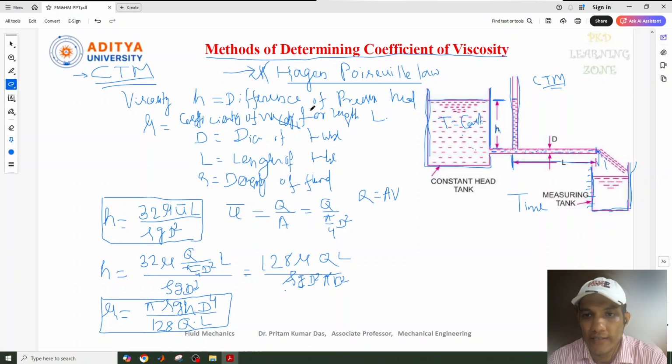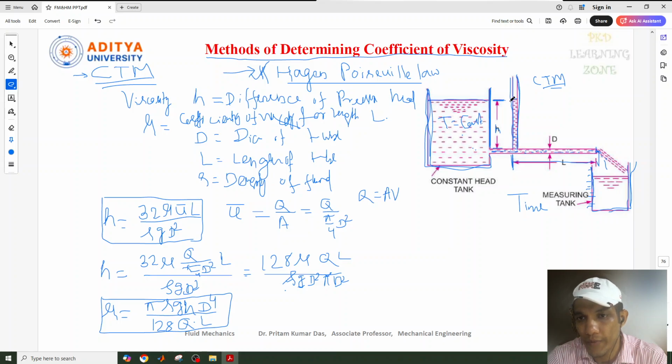Here we need to consider a constant head tank where the fluid is kept, and it flows through a capillary tube, so that due to the pressure difference the liquid rises to a particular height.